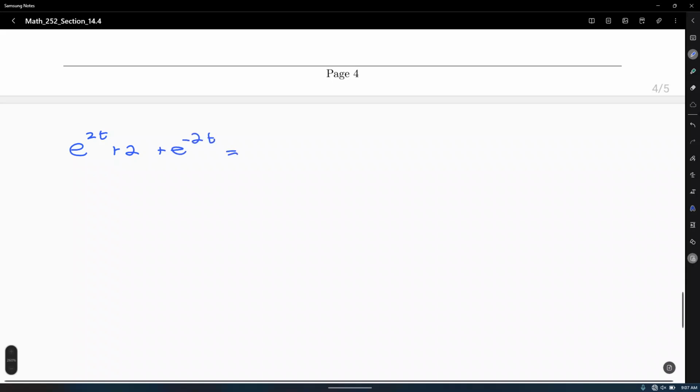Now, again, my goal here is to come up with a perfect square trinomial. But instead of doing that weird trick, if you're used to that trick, that's fine. You like that trick, that's fine. But in this case, I'm going to go with e to the 2t, leave a space for, you'll see, plus 2 plus 1 over e to the 2t.